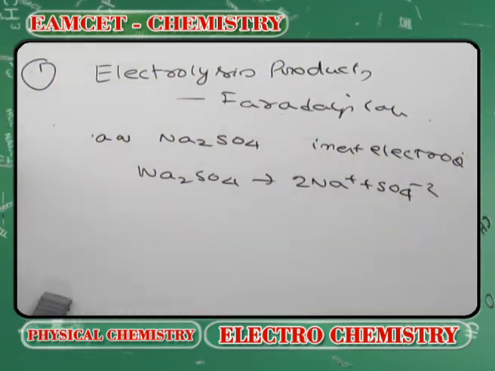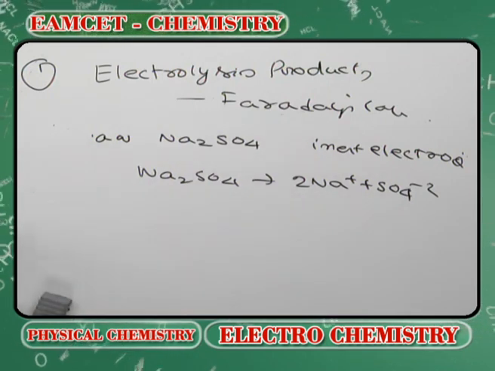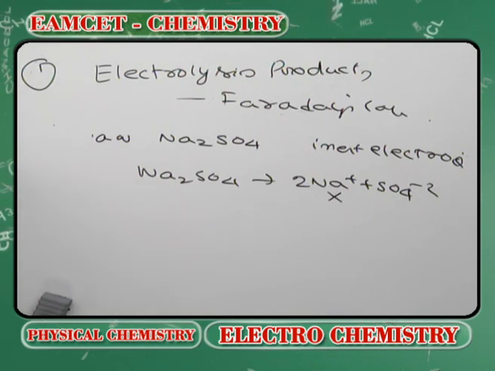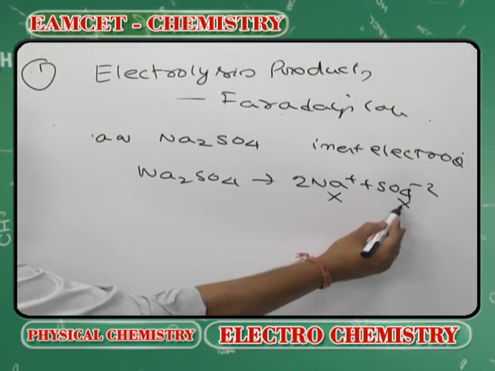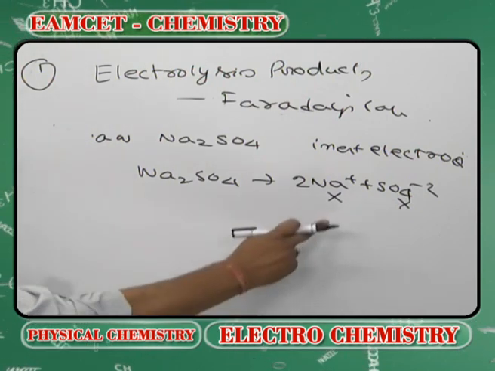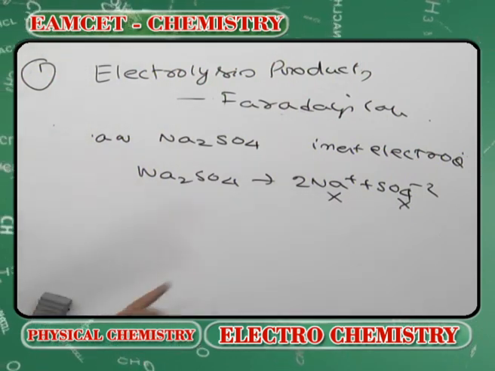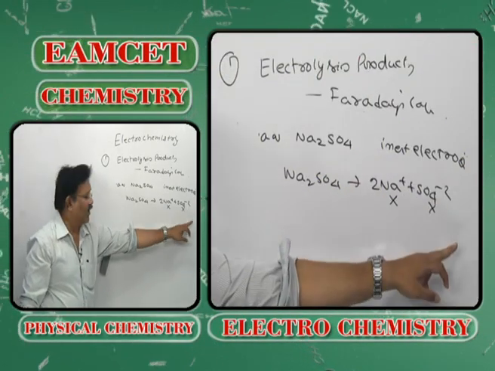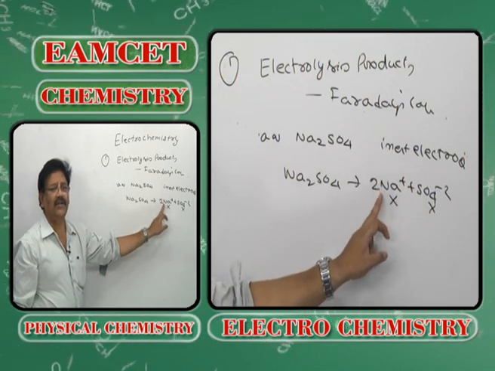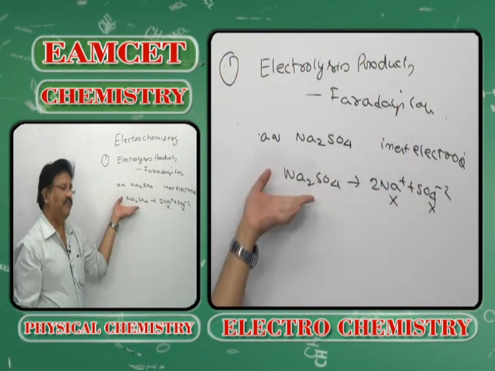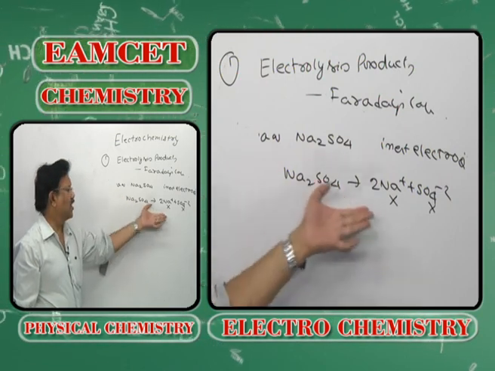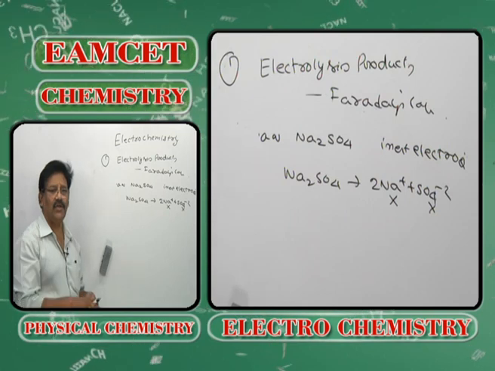Na plus ions reach the cathode, SO4 2- ions reach the anode, but at the cathode Na plus ions do not undergo reduction, and SO4 2- ions do not undergo oxidation. Water will undergo reduction at the cathode. Water will undergo oxidation at the anode. Practically, water will undergo electrolysis when this type of salt is electrolyzed.